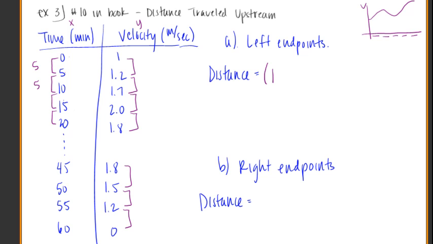So it's going to be 1 plus, and in the next interval from 1.2 to 1.7, we want the lower one, the left one. We're going to call that 1.2. And then 1.7, and then 2.0, and then I'm going to add these up eventually. And as I'm wrapping this up, in this interval from, let's say, 1.5 to 1.2, we're going to add 1.2.